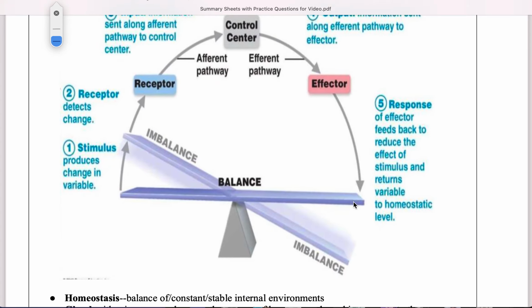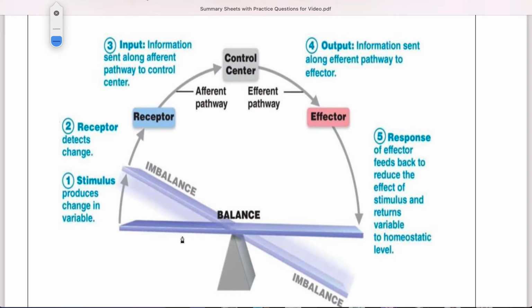For example, in this diagram, when you see something in the form of a cycle, this is called a negative feedback mechanism. So what is a negative feedback mechanism?